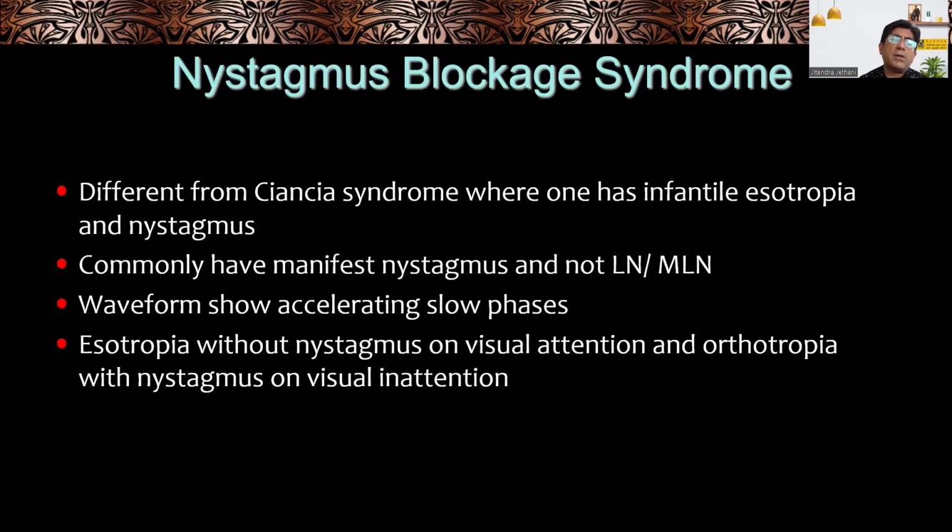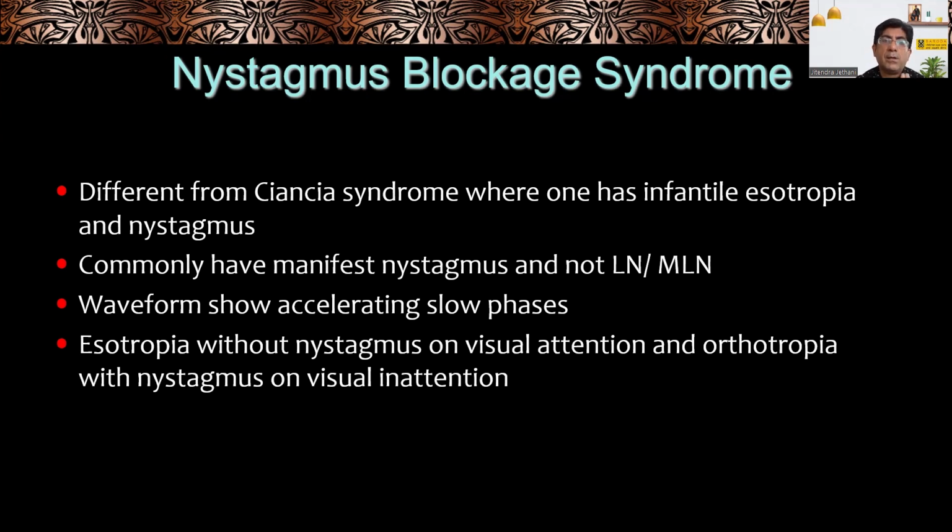Another important variety is nystagmus blockage syndrome, which we have to understand before we complete the discussion of congenital nystagmus. This is different from CNCS syndrome, where the primary pathology is infantile esotropia and nystagmus. Here in nystagmus blockage syndrome, the primary pathology is nystagmus, and to block the nystagmus, the patient is converging or esotropia is developing.